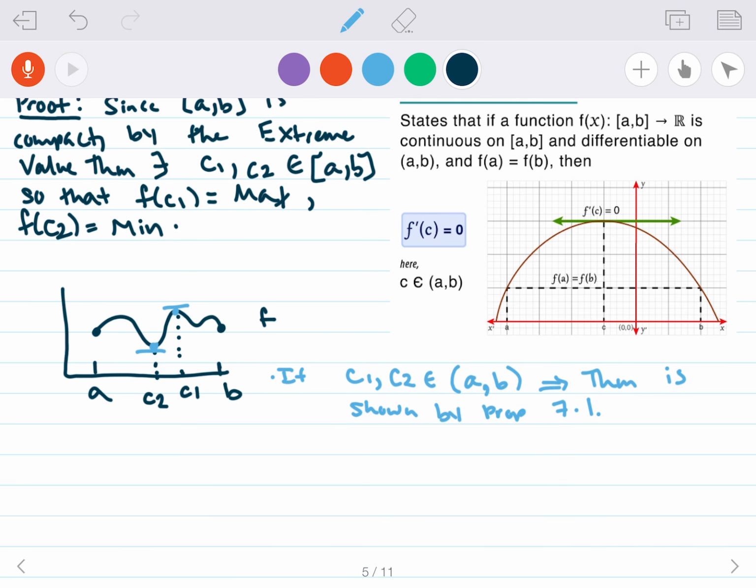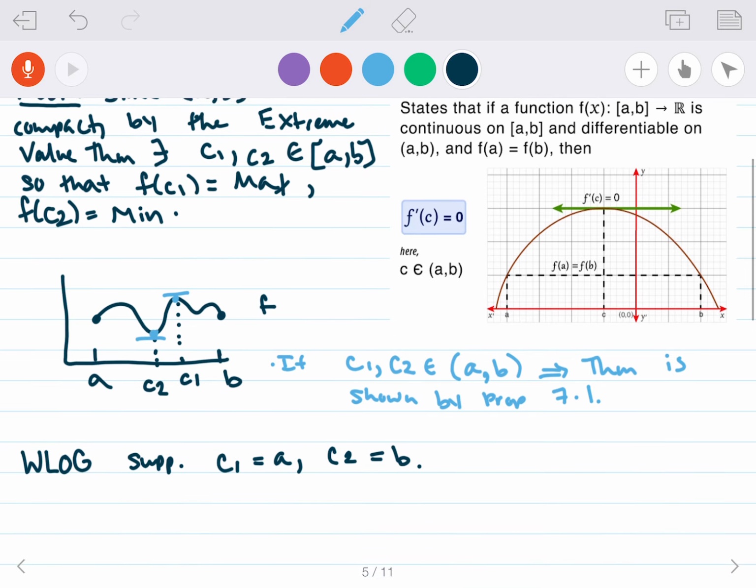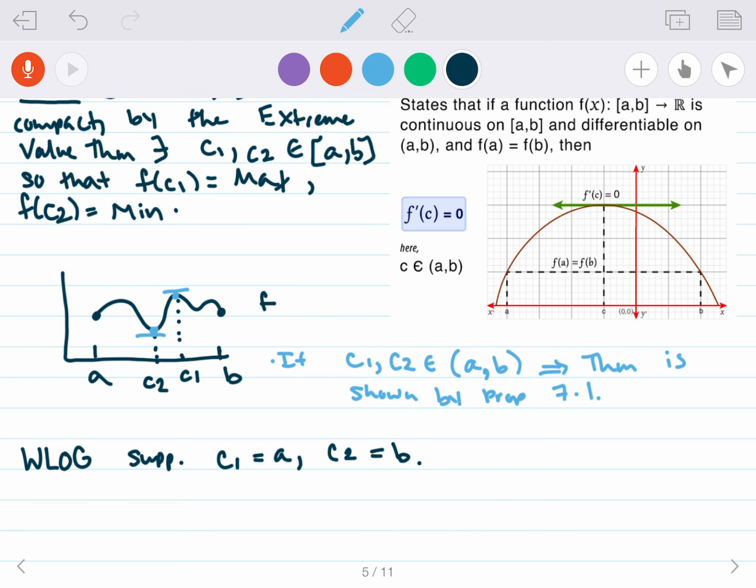So without loss of generality, I'm just choosing C1 to be A in an arbitrary way. Suppose that C1 and C2 are actually the endpoints. What does that mean?